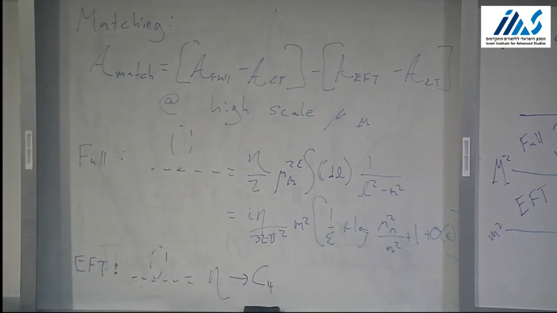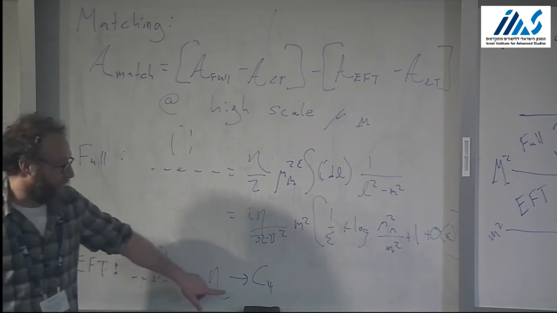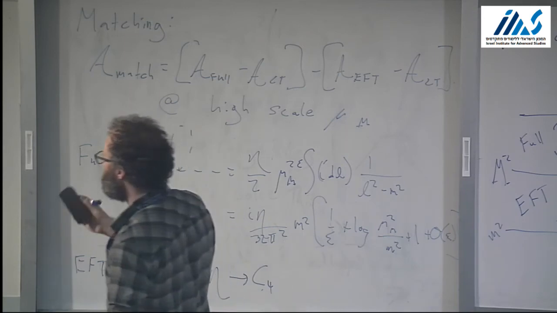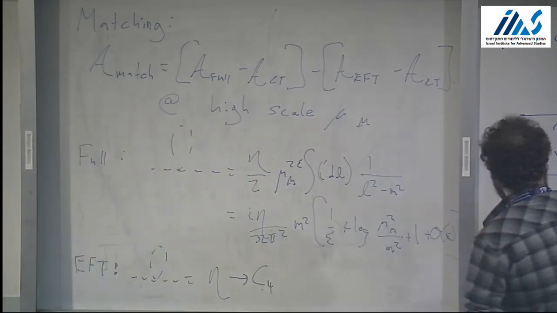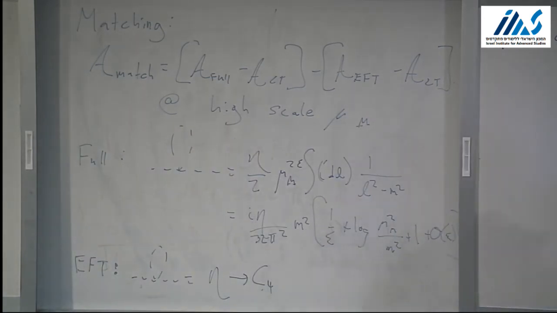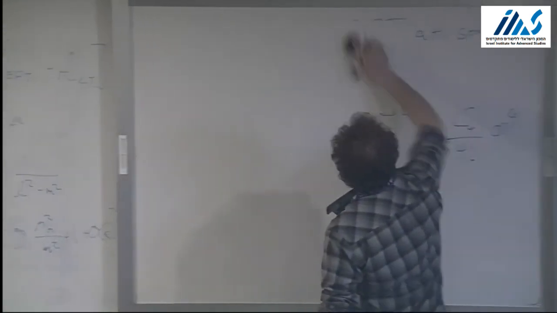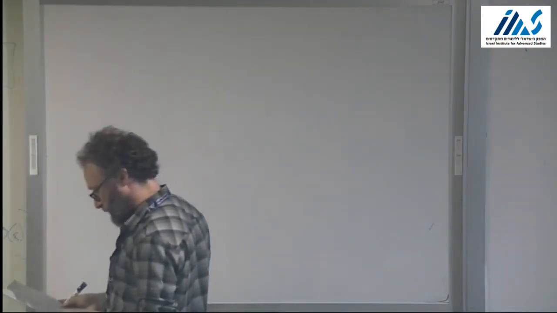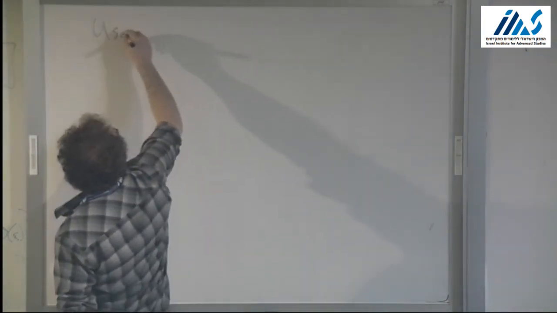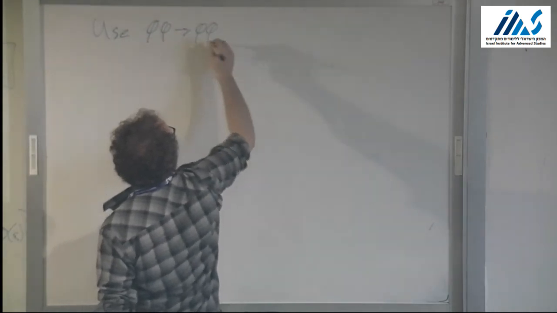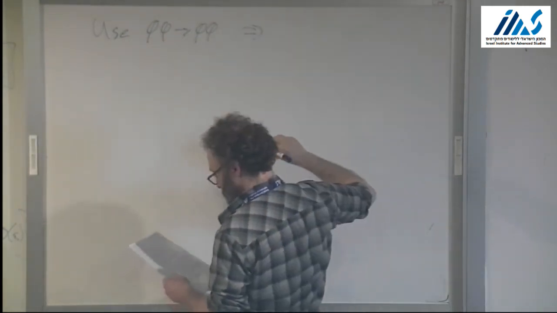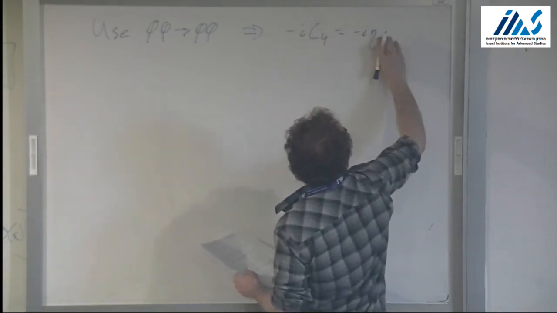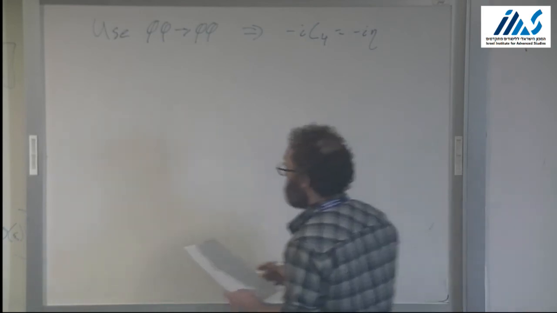Okay, so in the EFT I get the same thing, just with eta going to C4, right? Then, if I use phi going to phi to match, that gives me minus i C4 equals minus i eta, at tree level.